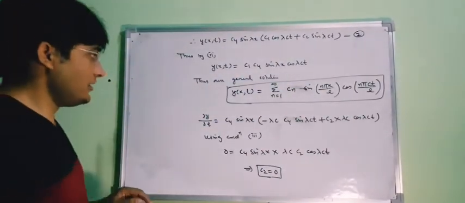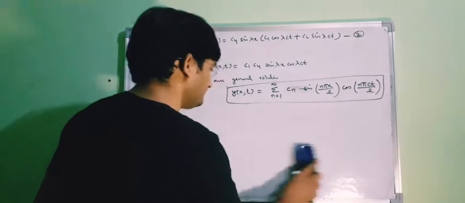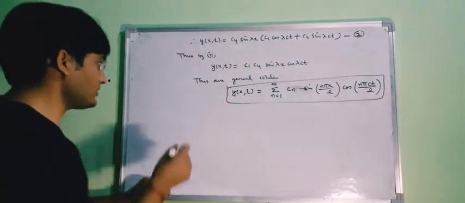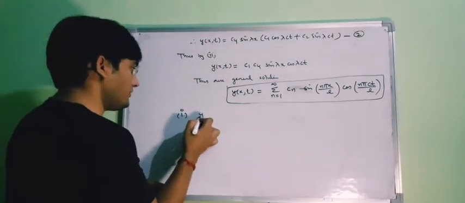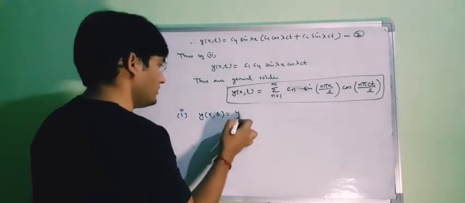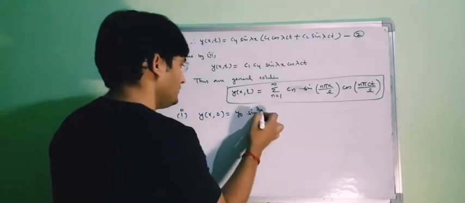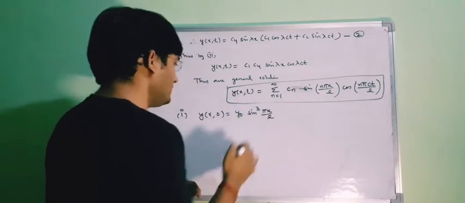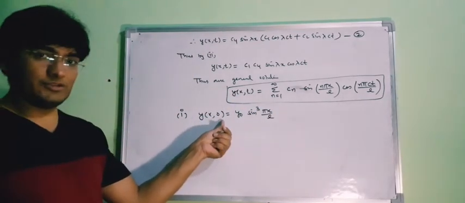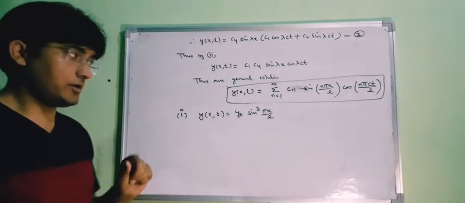Now let us solve the first part. For the first part, our y(x,0) was y0 into sin cube(pi x upon L). This was your y(x,0), that means the initial displacement for the first part.